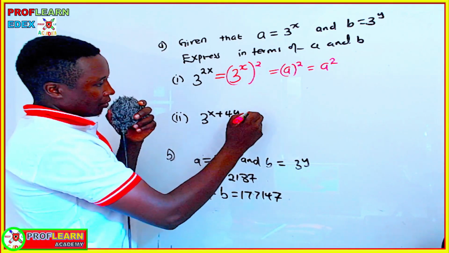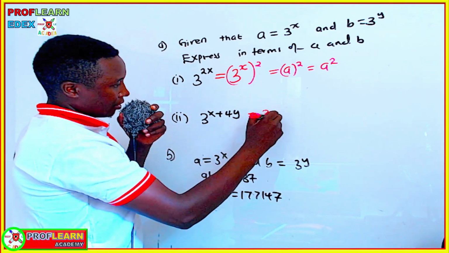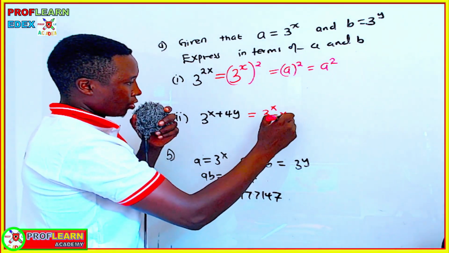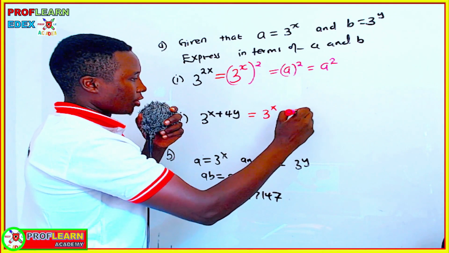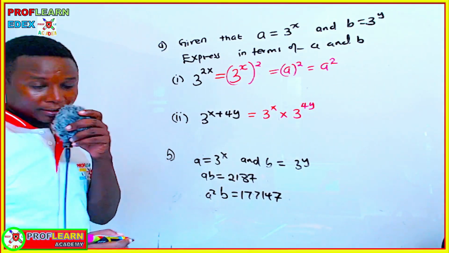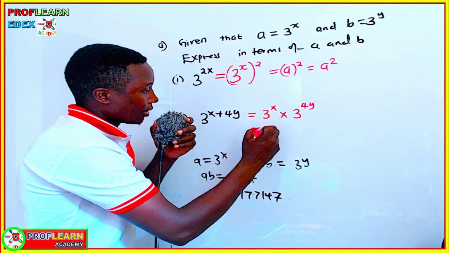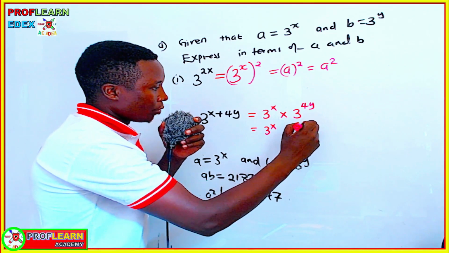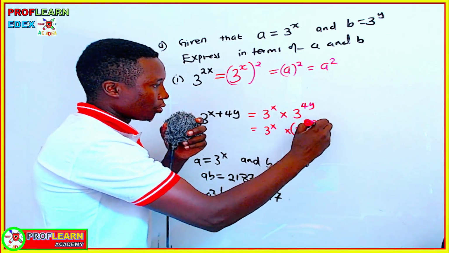For this one, we can say this is the same as 3 power x times 3 raised to power 4y. We can write this that way, which means this is 3 power x times 3 raised to power y, which is raised to power 4.